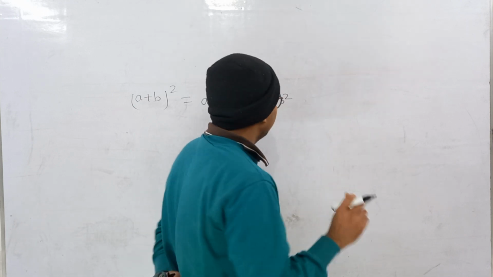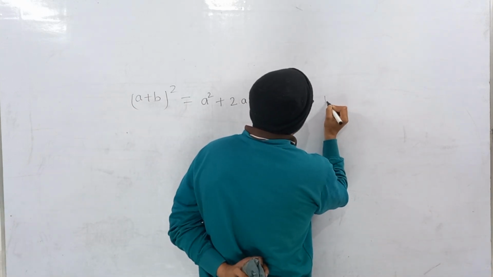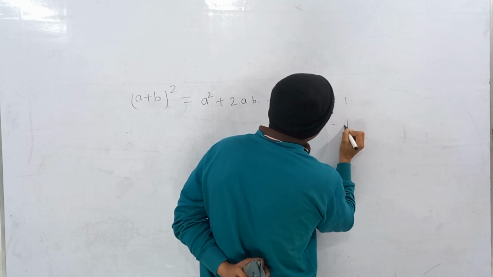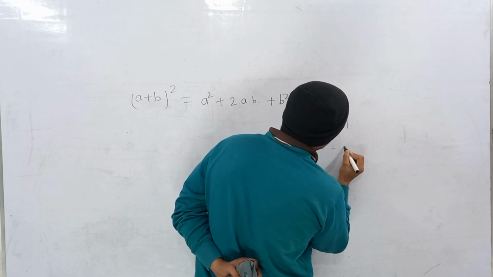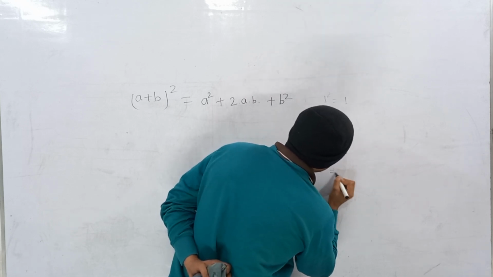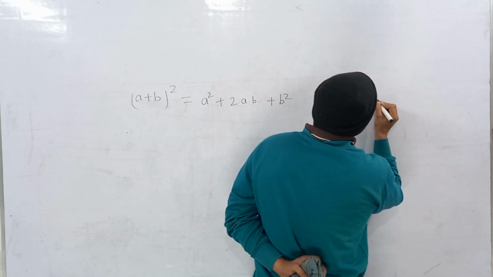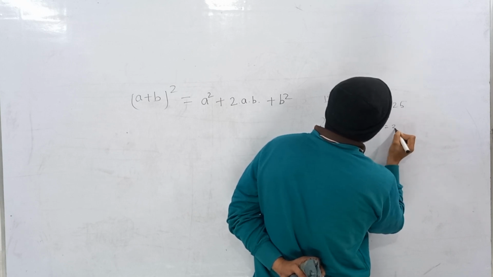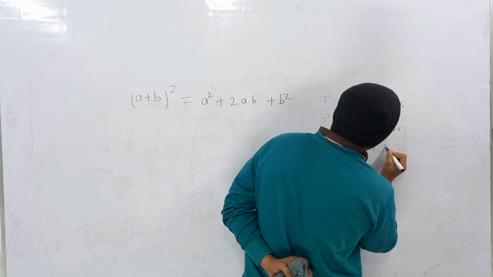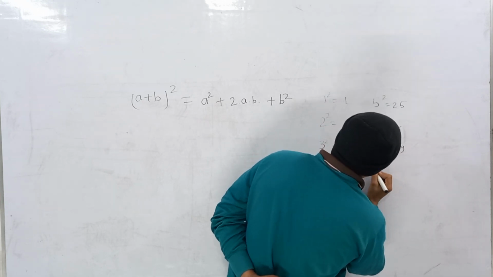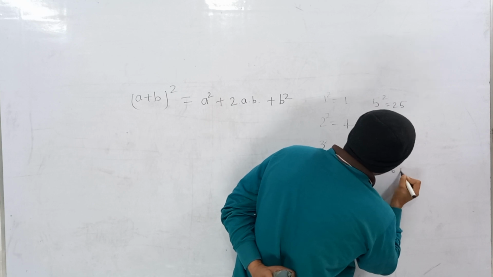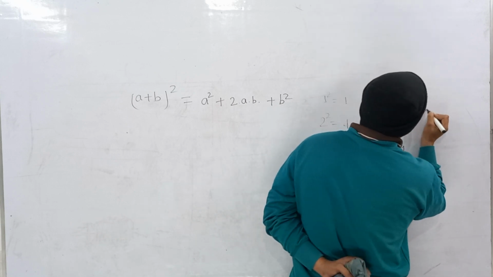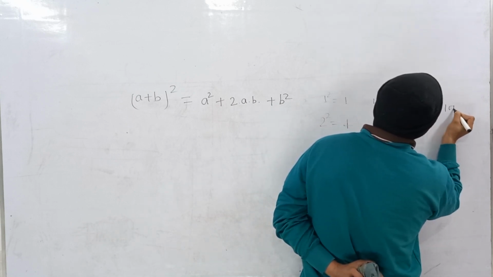Suppose we know that 1 square is equal to 1, 2 square is 4, 3 square is 9, 4 square is 16, 5 square is 25, 6 square is 36, 7 square is 49, 8 square is 64, 9 square is 81, and 10 square is 100.